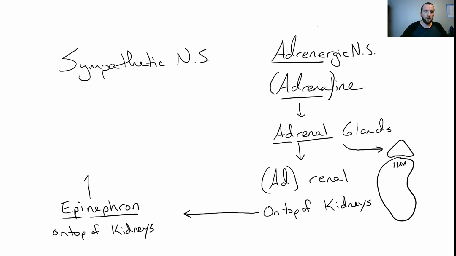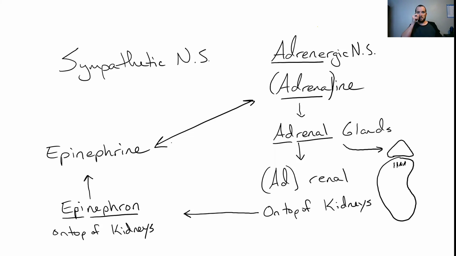And the chemical that the kidneys release, another name for it, would be epinephrine. Epinephrine is the same thing as adrenaline. Adrenaline is probably the more common layperson terminology, at least around here.